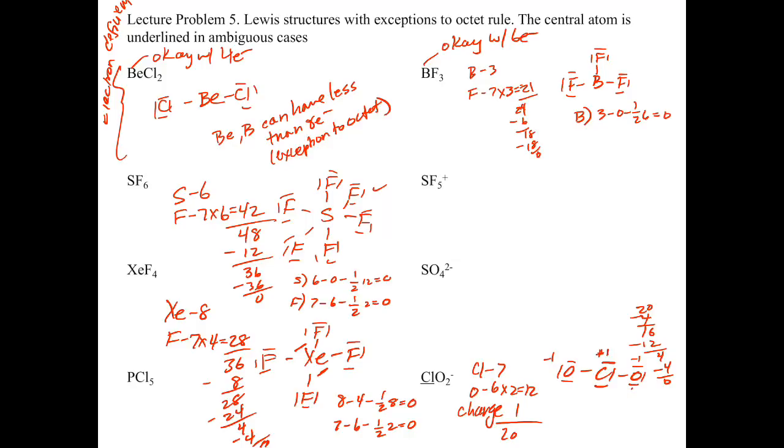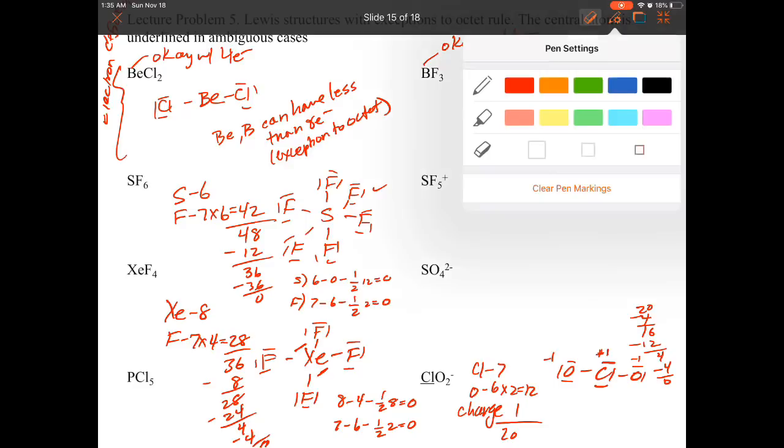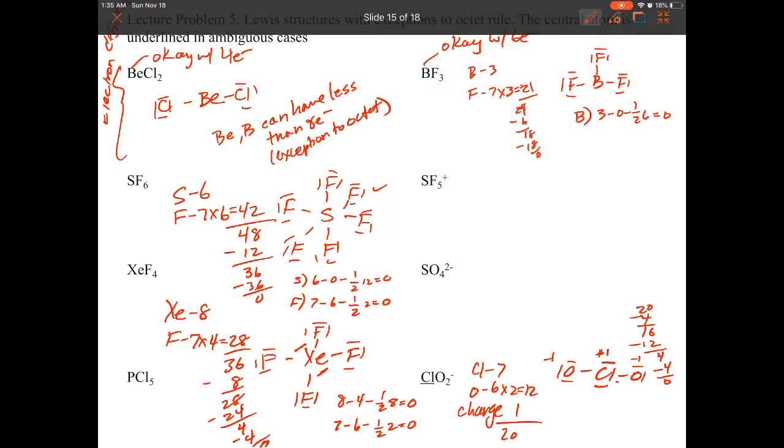And we can. In this case, we can make this a better structure by moving one of these lone pairs in as a double bond. So if we erase one of these lone pairs and shift it in, and recompute our formal charges, this oxygen is now going to have a 0 formal charge, 6 minus 4 minus 2.